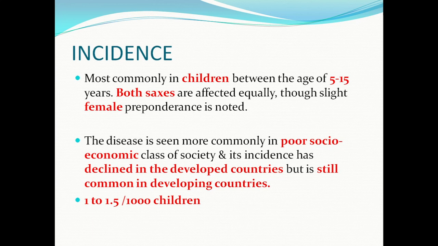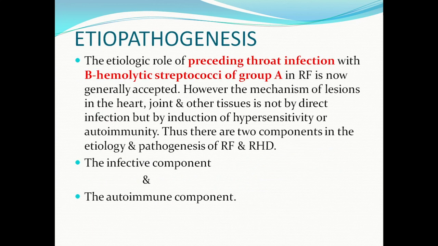So till now we have discussed definitions and incidence. Now the third is etiopathogenesis. The etiologic role of preceding throat infection with beta hemolytic streptococci of group A in rheumatic fever is now a generally accepted theory.